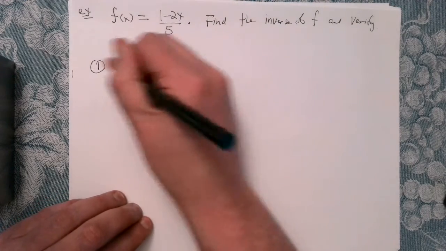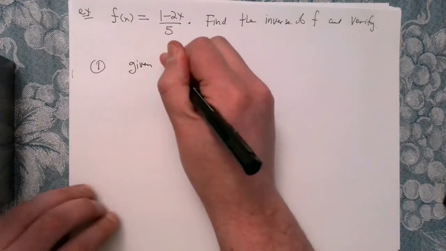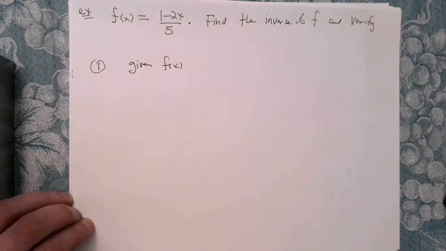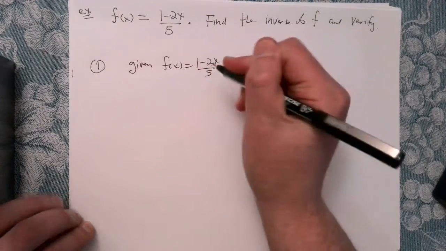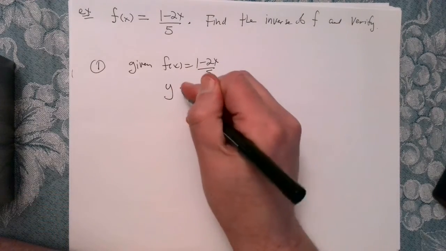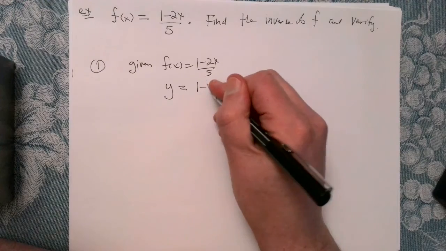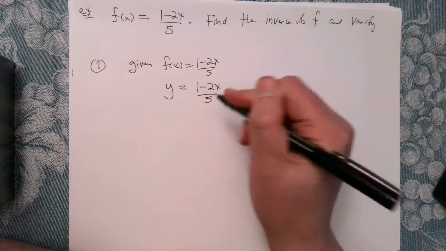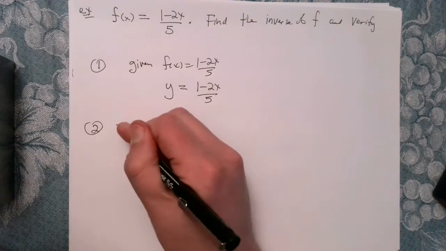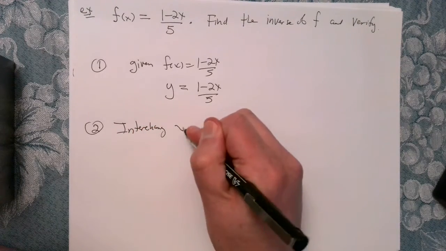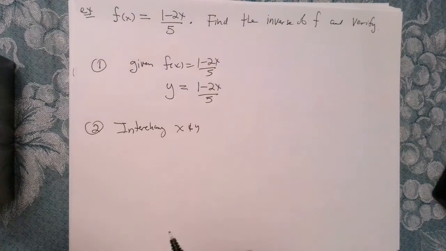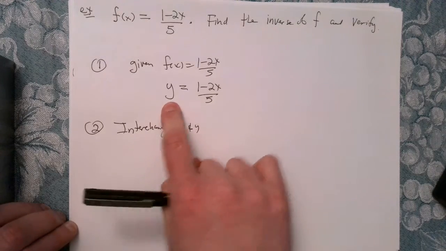Okay, so step 1, we were given f of x equals 1 minus 2x over 5. Remember, step 1, call that y, so y equals f of x. Step 2, interchange x and y. So that means we're going to have x equals 1 minus 2y over 5.